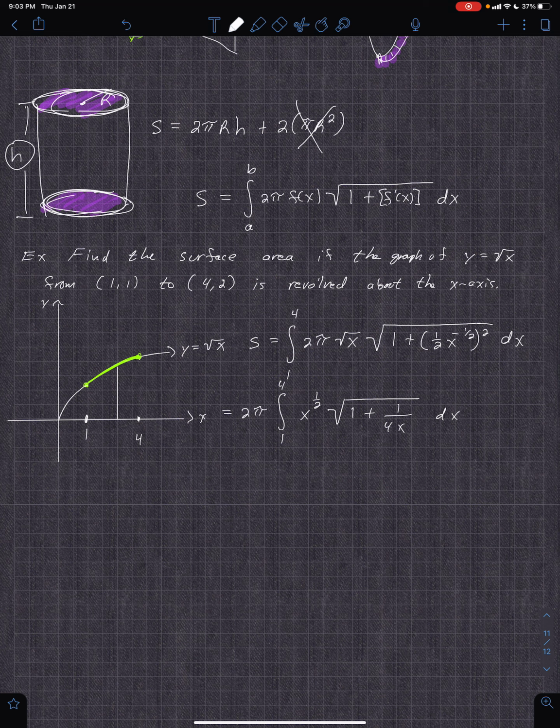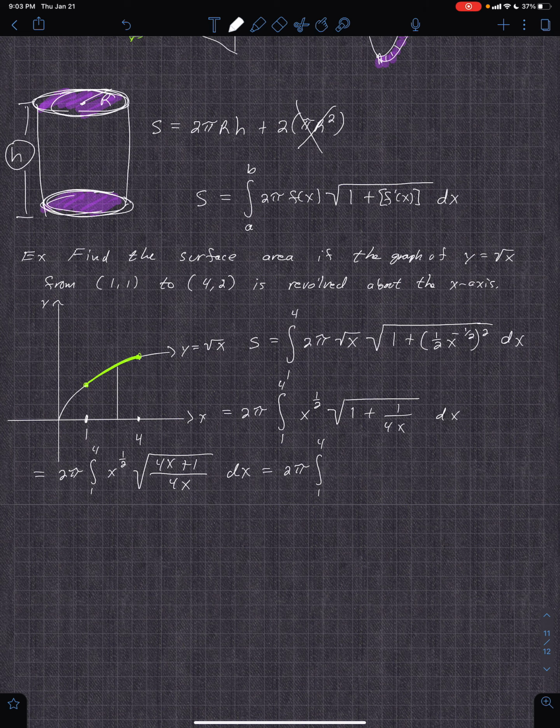And then let's simplify that a bit. You get 2 pi, integral 1 to 4, x to the 1/2 times the square root of, and then adding it up, 4x plus 1 over 4x, dx.